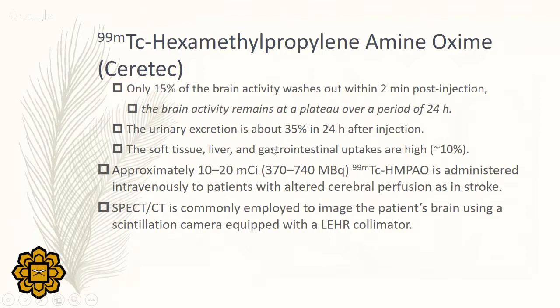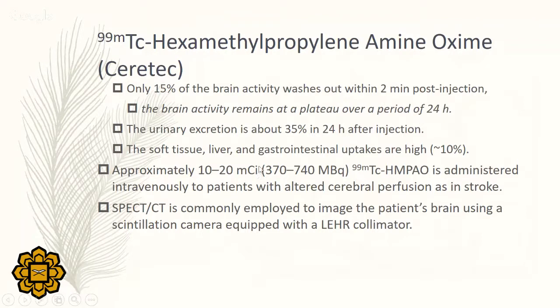The advantage compared to ECD is the excretion in the urine after 24 hours. However, you'll find the soft tissue, liver, and GI tract uptake is 10%. That's some of the disadvantages. You find a little bit higher uptake in other tissues.